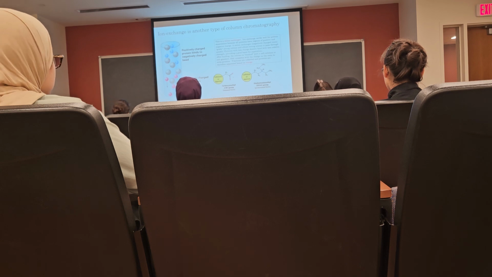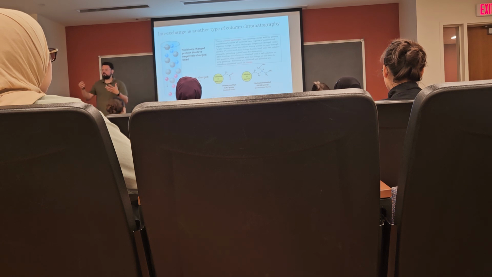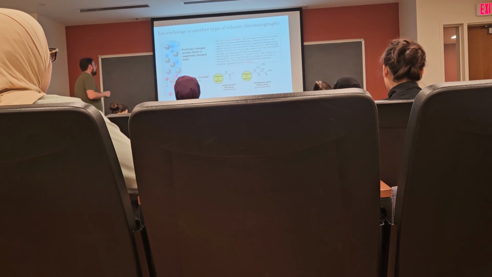So now, we'll take our fraction 4 from our last step, the gel filtration, and that will be what we run through our ion exchange. So from those dozens to hundreds of proteins that were in fraction 4, only positively charged proteins will be attracted to the negatively charged resin, and they will stick.